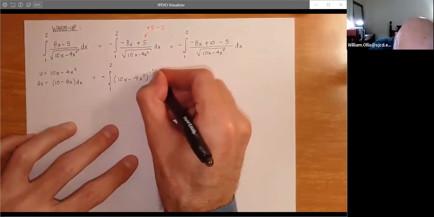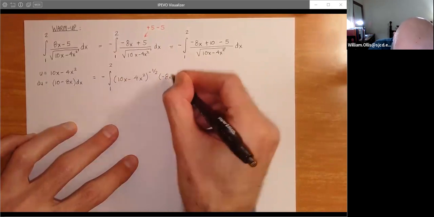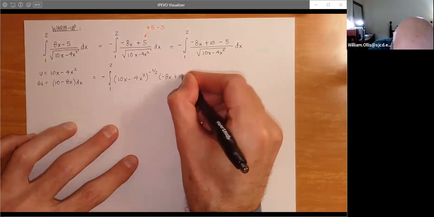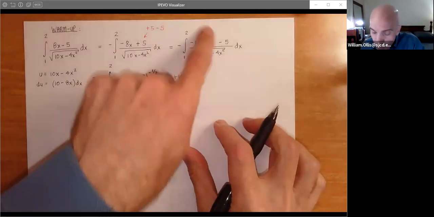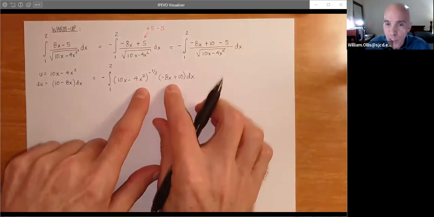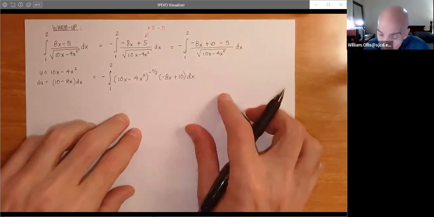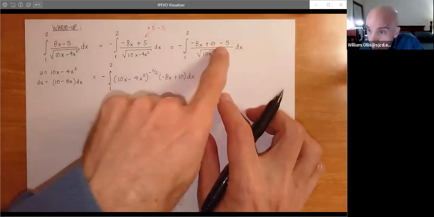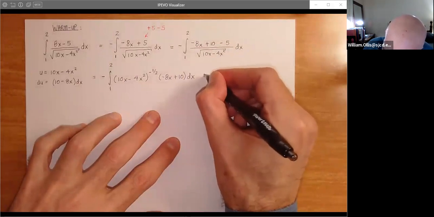So the negative 1/2, and then of course the negative 8x plus 10 dx. So we see that the first part here just gives us our standard calculus 1 integral like we had with the last problem. Now notice we have the negative, so we'll have plus 5.